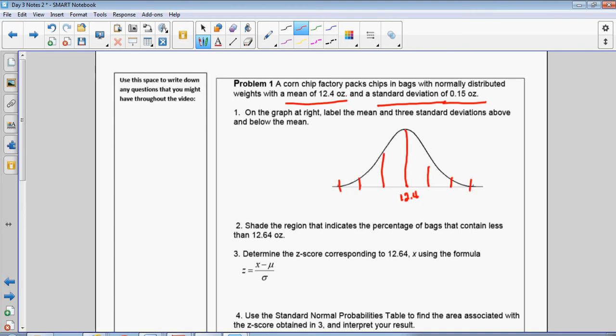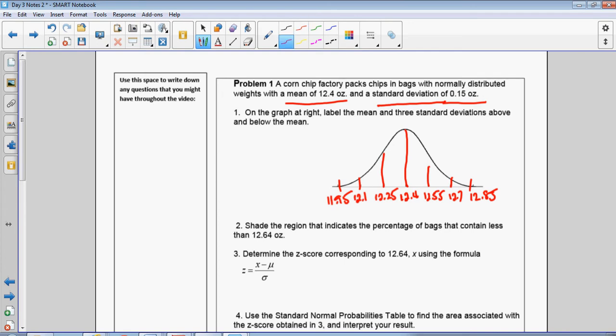So adding 0.15, we get 12.55, 12.7, and 12.85. And then subtracting your standard deviations, you're going to get 12.25, 12.1, and 11.95.